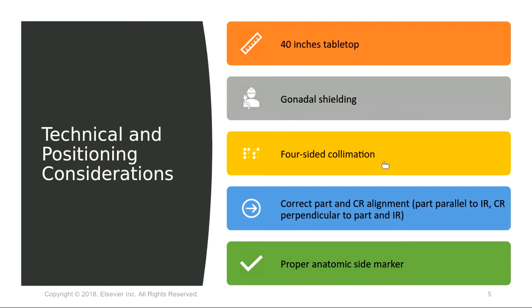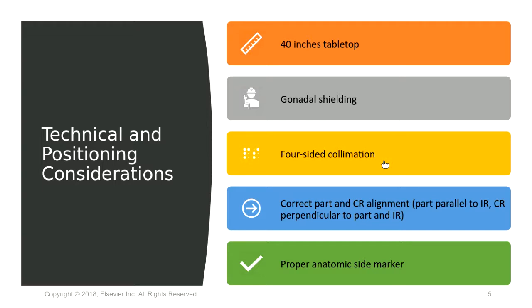We should demonstrate 4-sided collimation. Again, we tend to be on a 14:17 IR or a 16:16. So especially with these digital IRs, collimation is vital to improve your resolution and the overall quality of the image. On the digital IRs, they actually only read the exposed area, so you want to make sure you minimize the exposed area as much as you can.